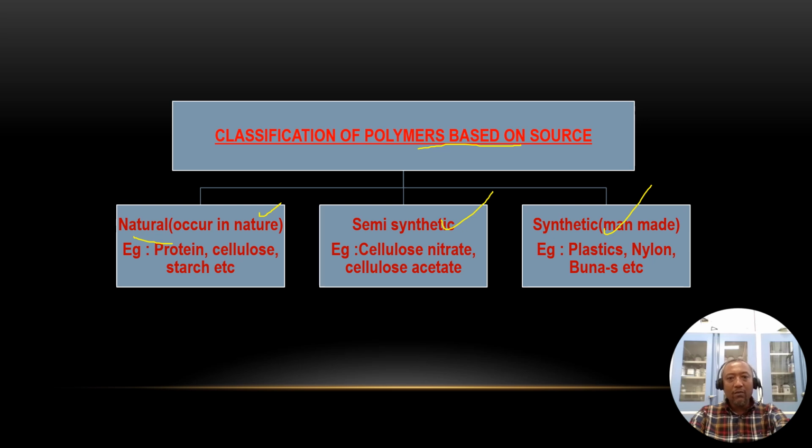What about semi-synthetic polymers? Cellulose nitrate and cellulose acetate are examples of semi-synthetic polymers. What about the synthetic one? Purely man-made plastics, nylon, and bone is considered a synthetic polymer based on the classification of source.